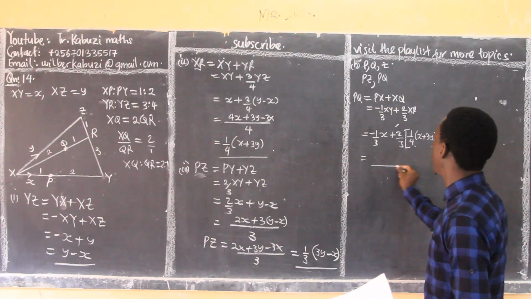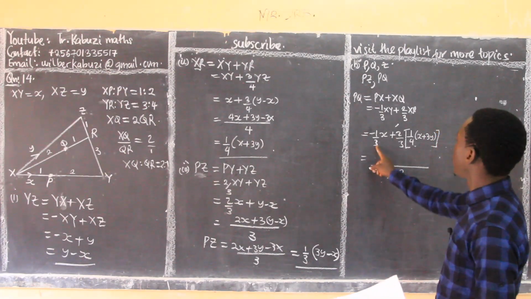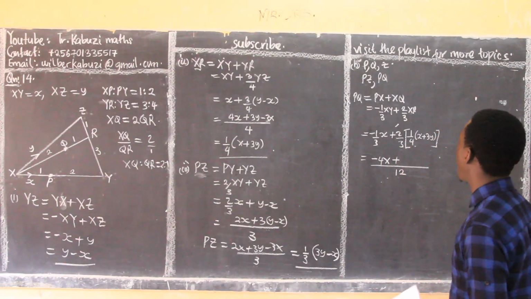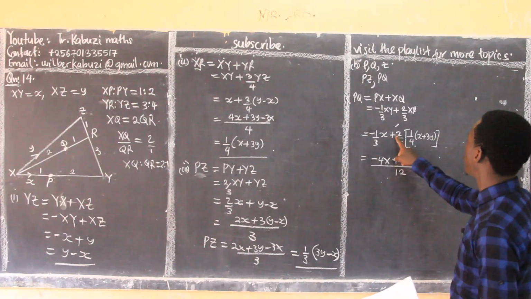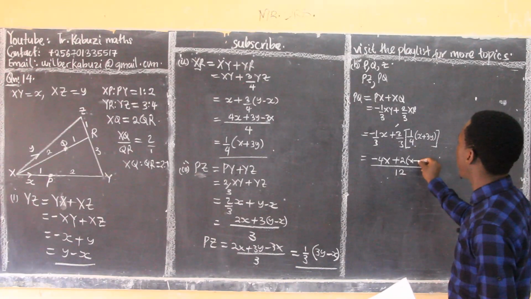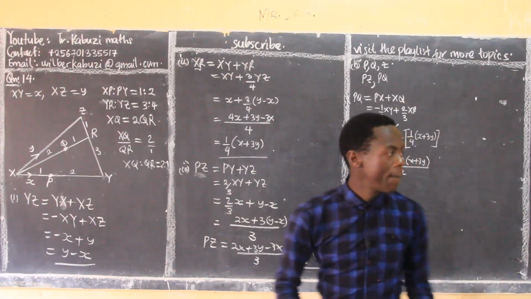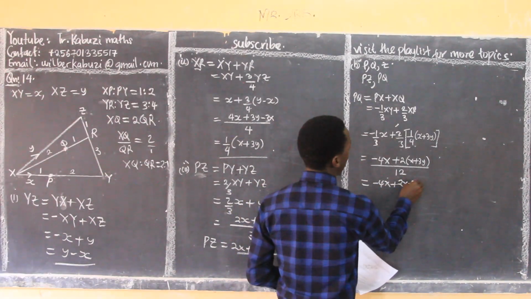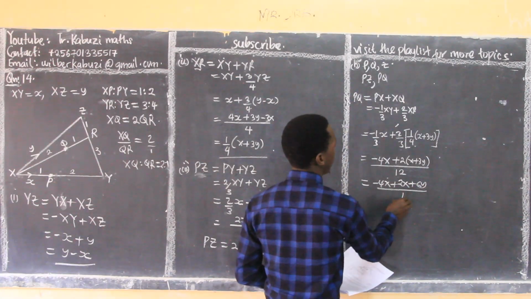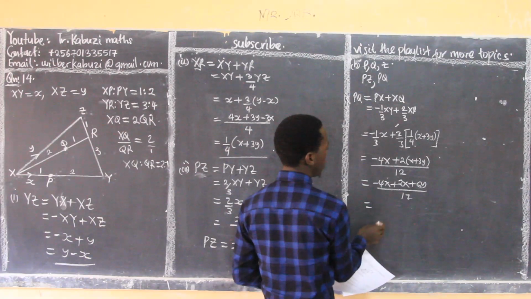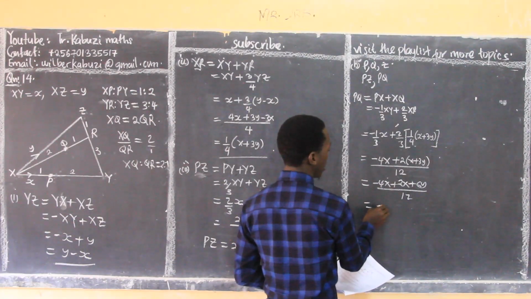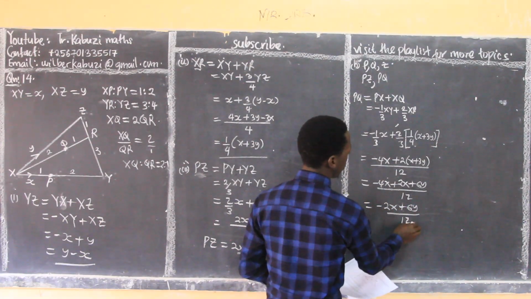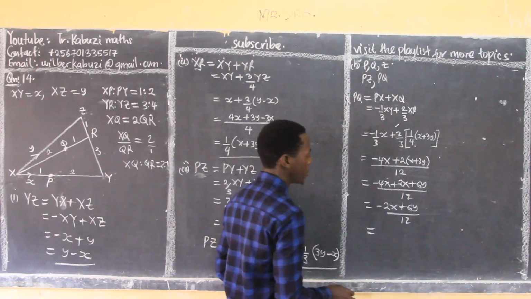The LCM is going to be 12. 3 goes here 4 times to get now negative 4x, plus 12 goes here 1 times 2 times this to get 2 into x plus 3y, which I can open brackets to get now minus 4x plus 6y, the whole thing over 12, which will get me to negative 2x plus 6y over 12, which I can divide through by 2.